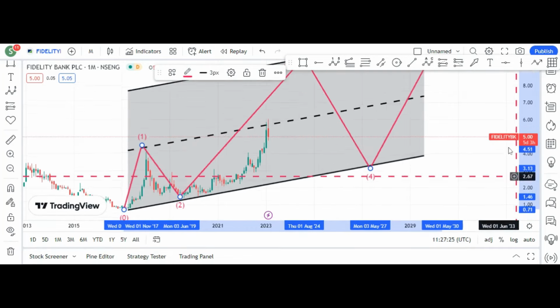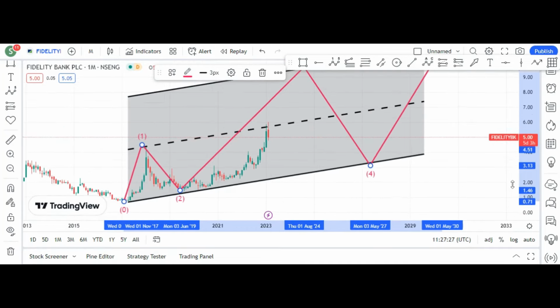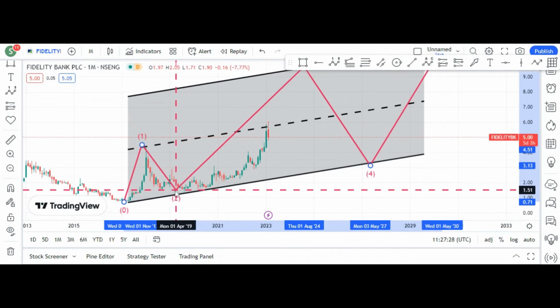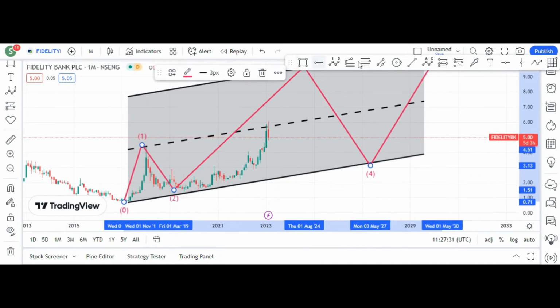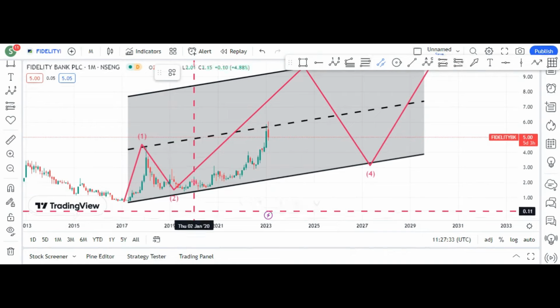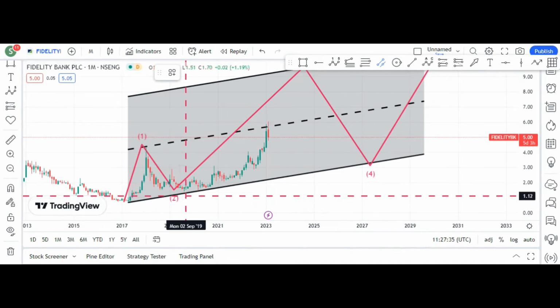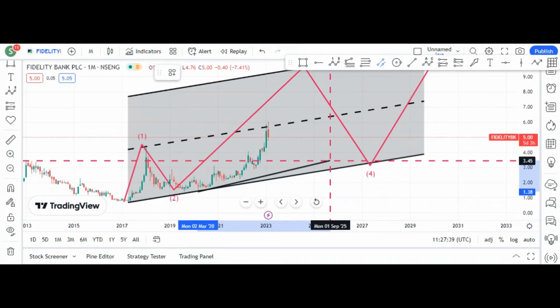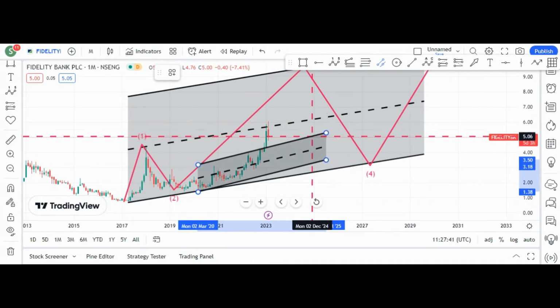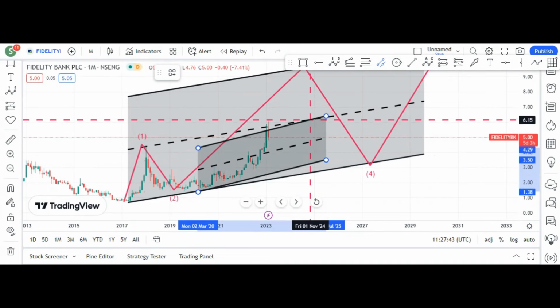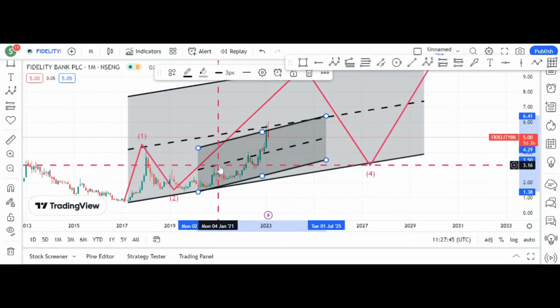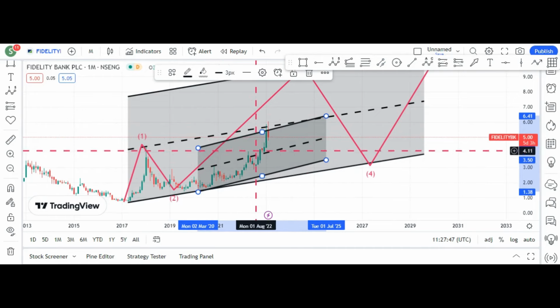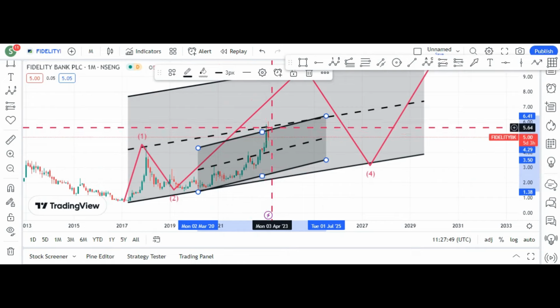So right now, by zooming into the third wave, I could get the fractals of the market by using a trend channel as well. By using a trend channel also, this is it. So this was the first wave, the second wave, and this upper end gave the third fractals.